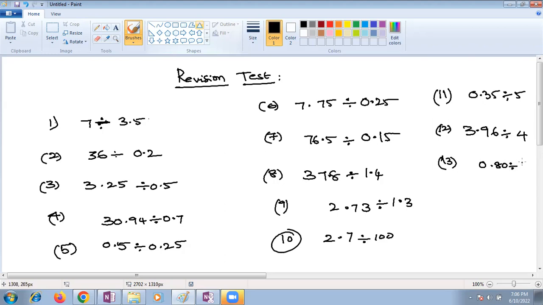That's why I want to make you write in your notebooks first of all. 14th question is 7.9 divided by 1000. 15th, the last question, is a very easy question I'm going to give to you. 0.56 divided by 10. No need for the last few steps, children. You can do them directly.